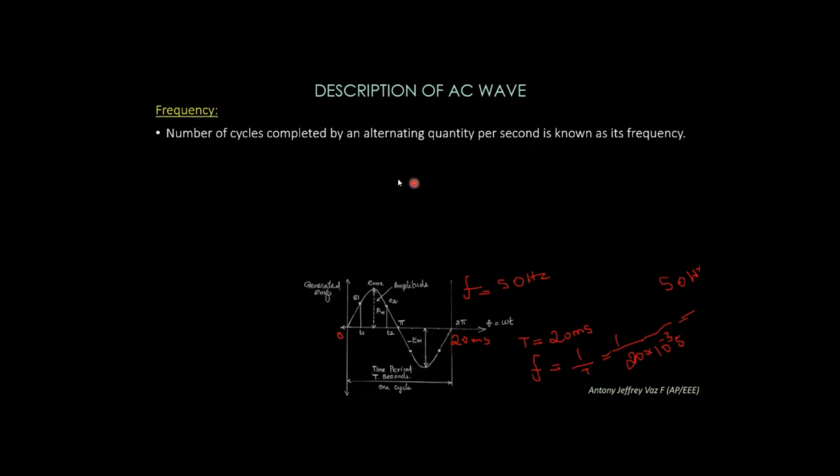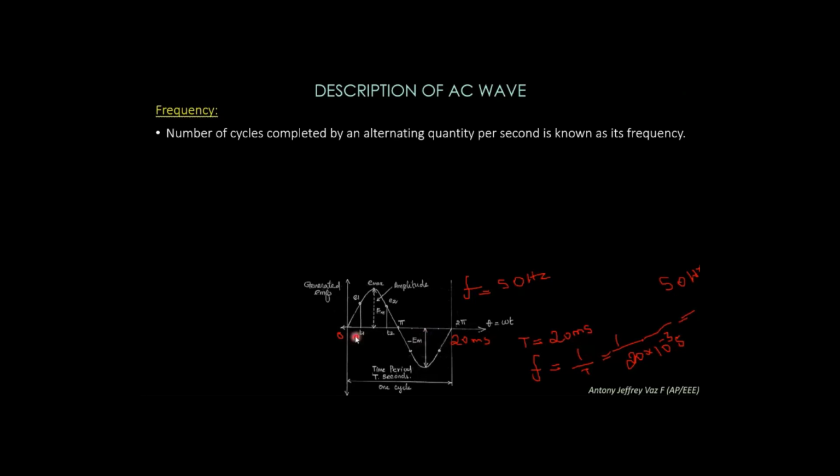Frequency: the number of cycles completed by an alternating quantity per second is known as its frequency. So when you define frequency, you need to compare with per second. When there is 1 second of time, how many cycles are present in 1 second is known as frequency.